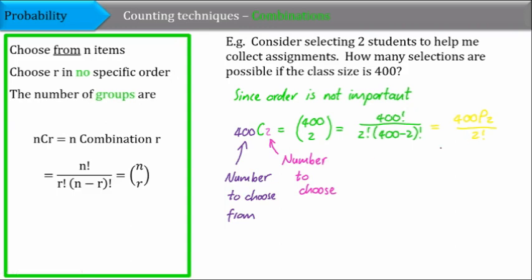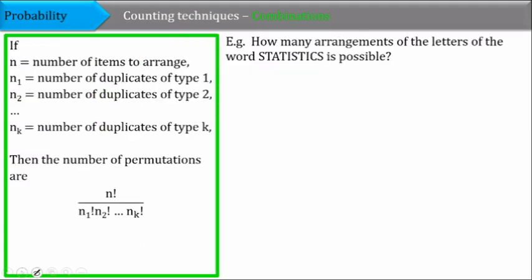Remember, we can write it as 400 permutation 2 divided by 2 factorial, because we're taking every pair of 2 students, and 2 people can be arranged in 2 times 1 ways, which is 2 factorial. So we'll divide by 2 factorial, and that will give us our answer of 79,800 possible combinations, which is quite a lot if you consider that the class size is 400.